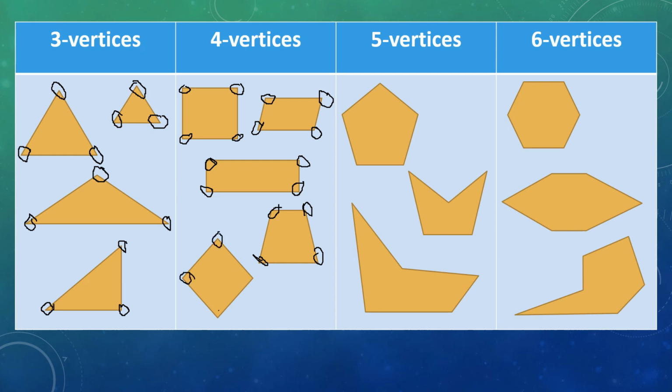So just like these shapes in this category had 4 sides and 4 angles, they also have 4 vertices. And same thing is going to happen with our 5 vertices and 6 vertices. However many sides there are will be the same amount of angles and vertices.